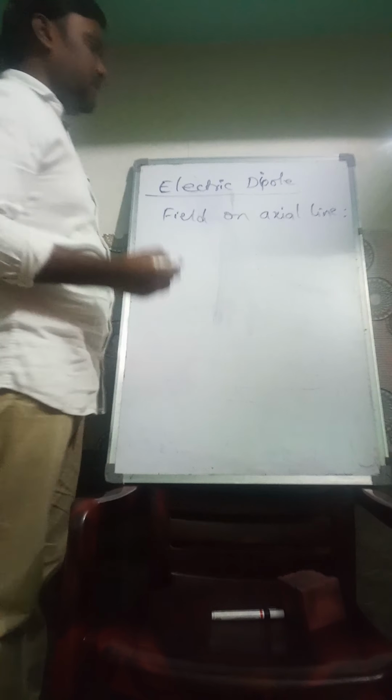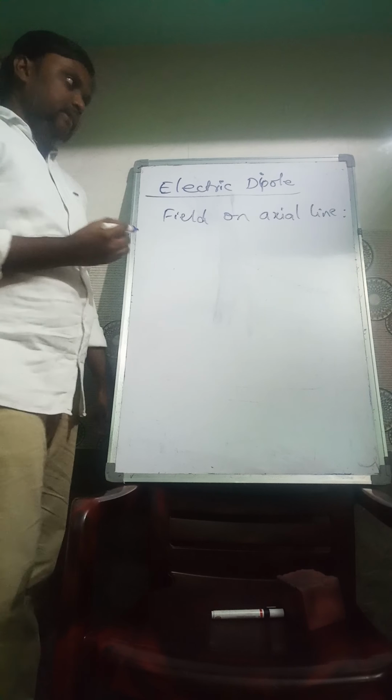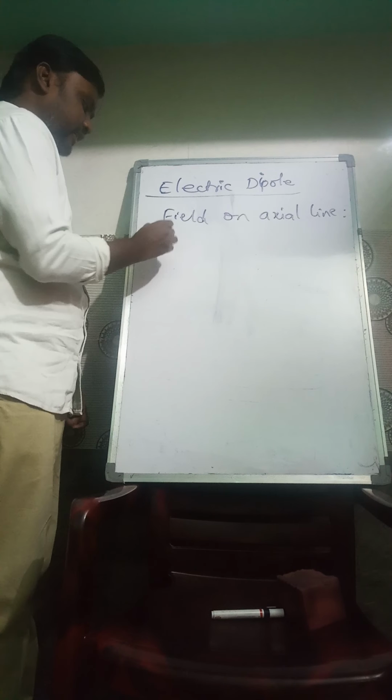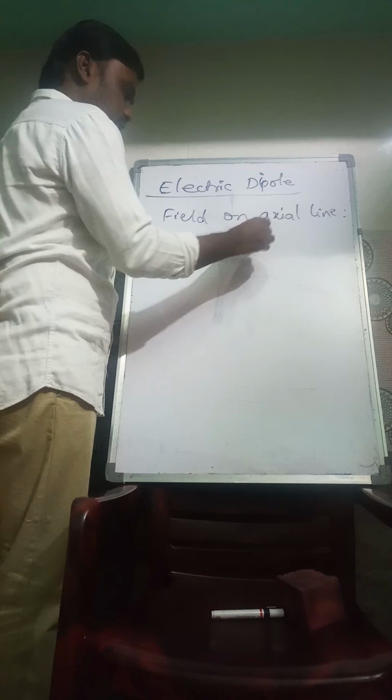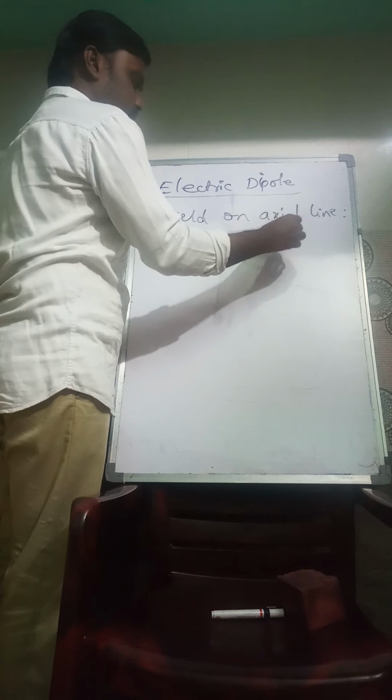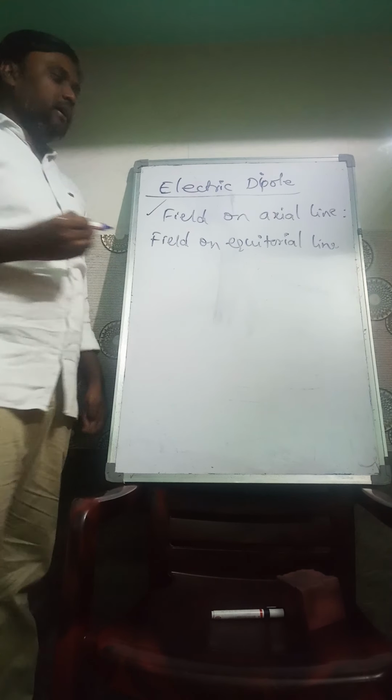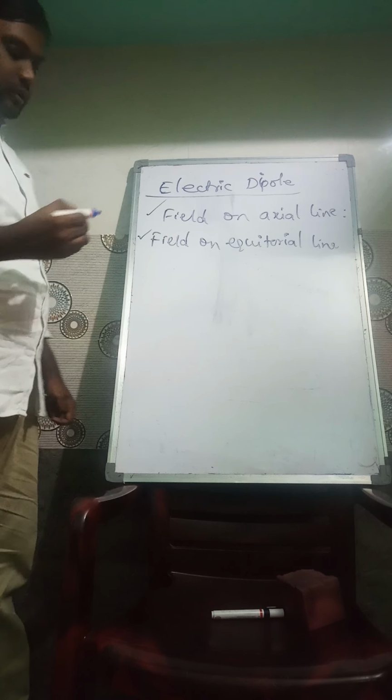And the second thing is the field on the equatorial line. The axial line I have already taught you, and I am coming to the second case, the field on the equatorial line.